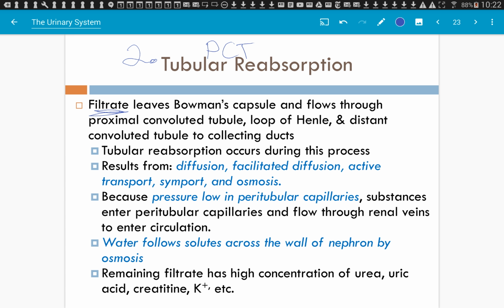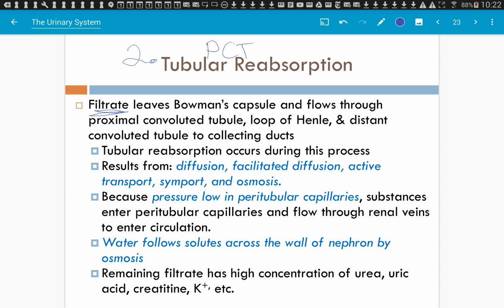Remember the cells in the proximal convoluted tubule are your simple cuboidal cells. So the wall of that proximal convoluted tubule is thicker. So it's going to be harder for substances to pass across that wall. You want to remember that.